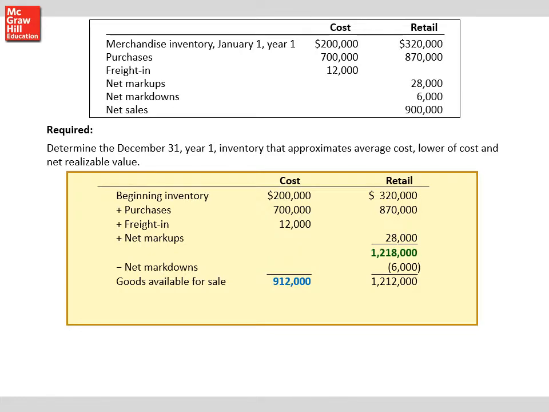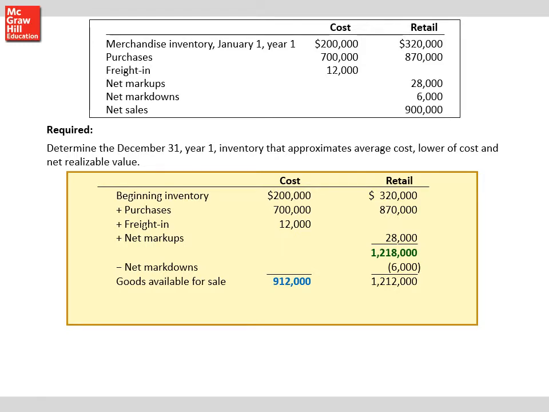Before we subtract markdowns, we get a total in our retail column. We then subtract markdowns. So our goods available for sale would be $912,000 in the cost, and then after we subtract markdowns, $1,212,000.